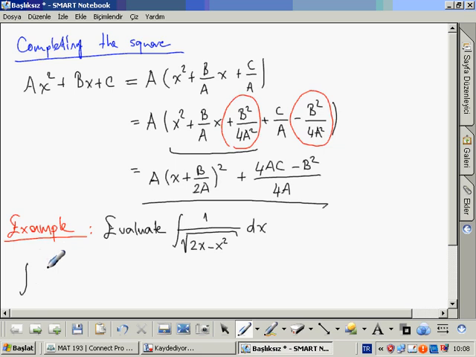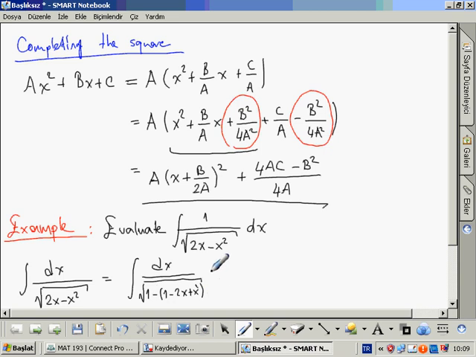dx over the square root of 2x minus x squared equals the integral of dx over the square root of 1 minus (1 minus 2x plus x squared).